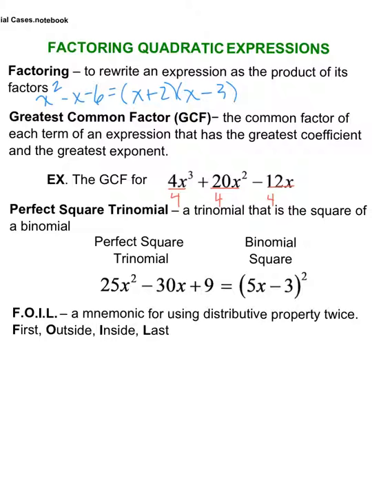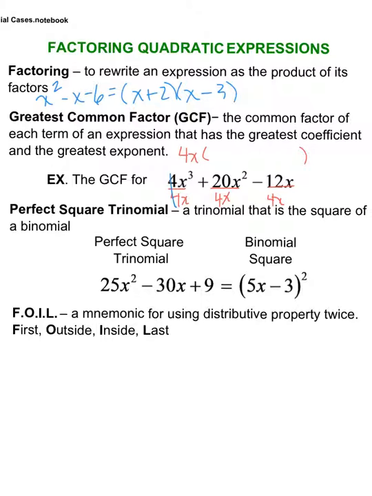So the most x's that we have is 1 x. So I am going to divide 4x out of all three terms, and I will pull a 4x out in front and then divide what's left over.